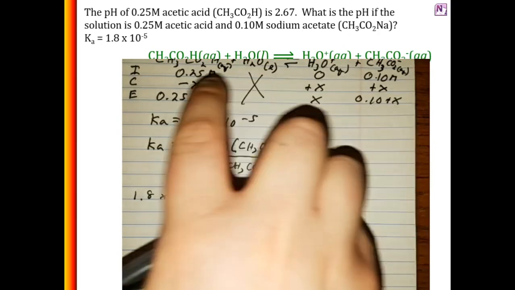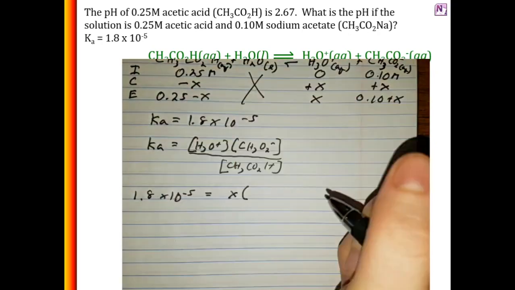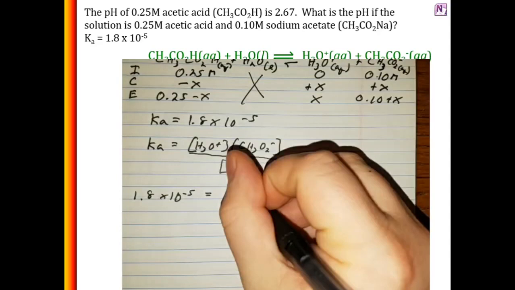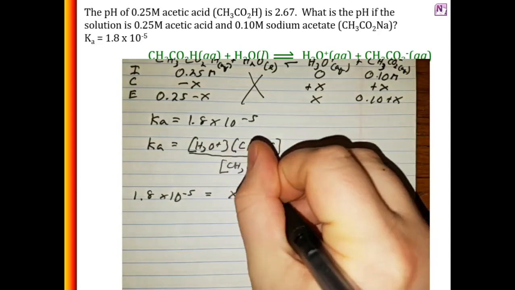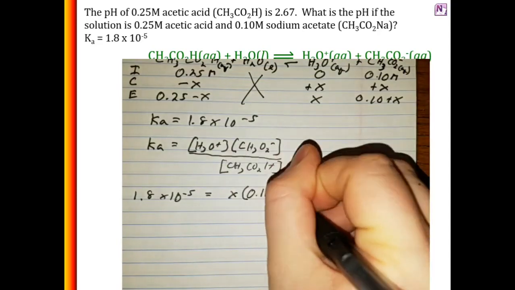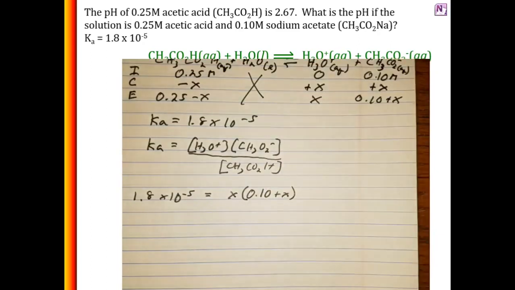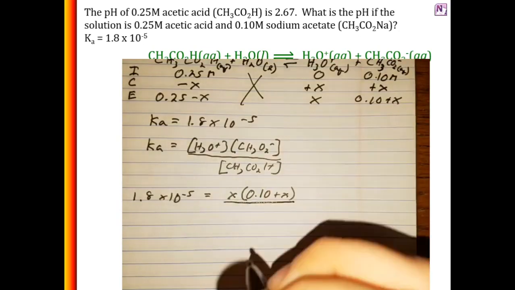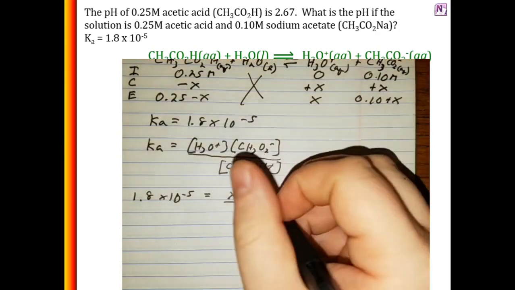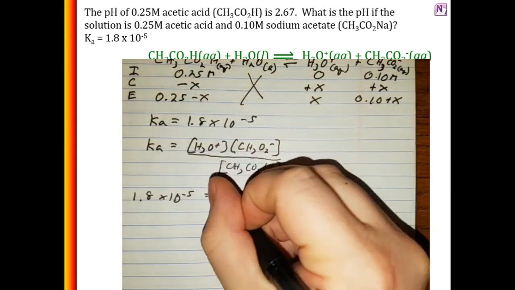So here we have x times 0.10 plus x. Remember it's plus x since we're increasing the concentration. A second for the video to catch up. And that's going to be over 0.25 minus x.